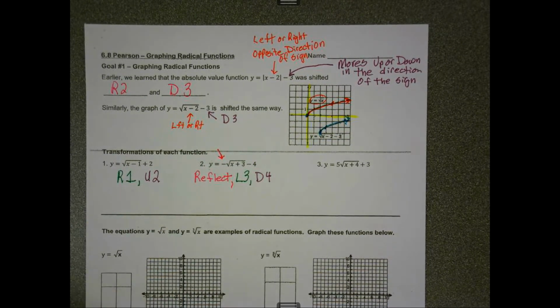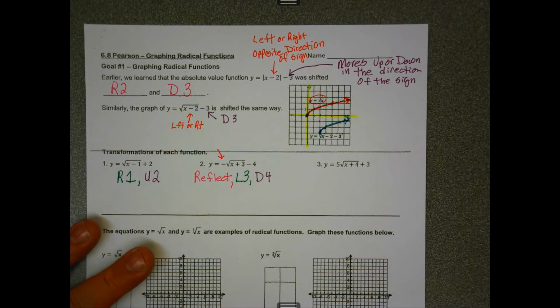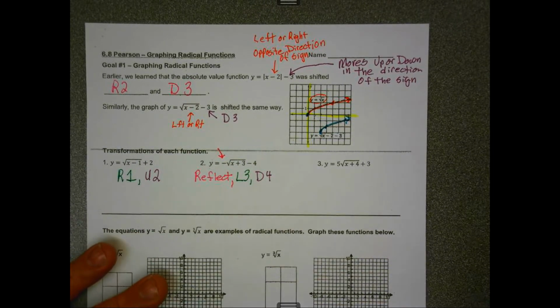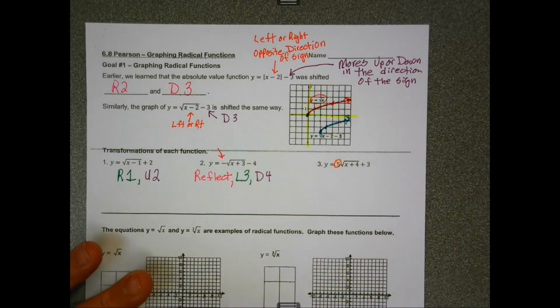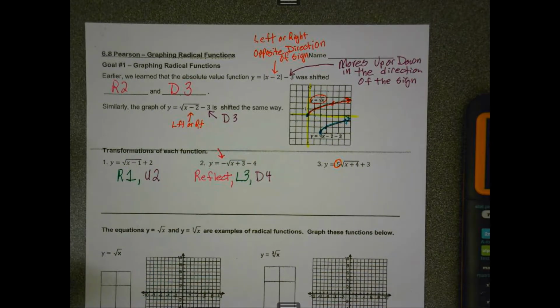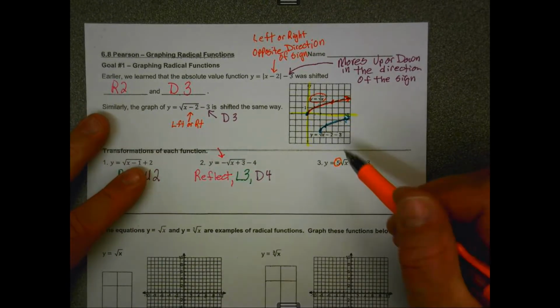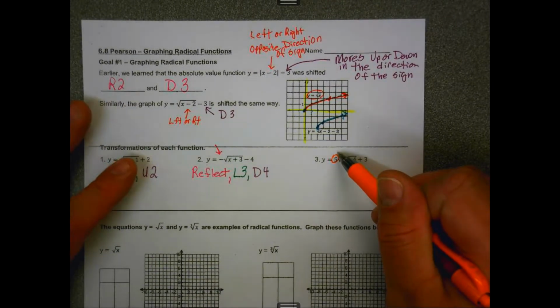Now, fractions and whole numbers are being multiplied to our radicals here. So in this particular problem, we have a 5. So we could have a 5 or we can have a 1/5.